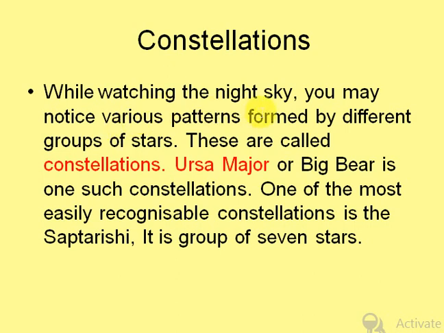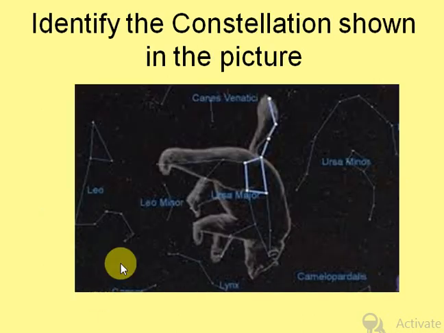While watching the night sky, you may notice various patterns formed by different groups of stars. During the night, if you watch the sky, you will find different patterns of the stars, and these patterns are called constellations. Look at the picture carefully.